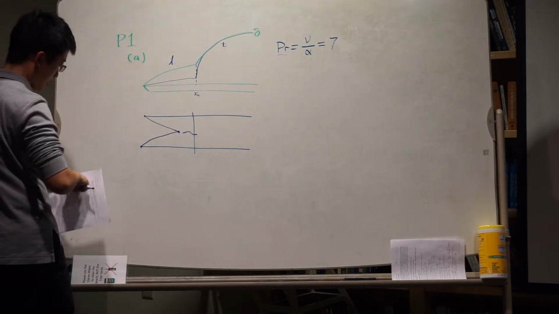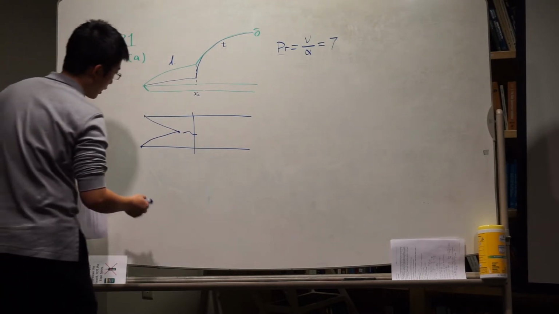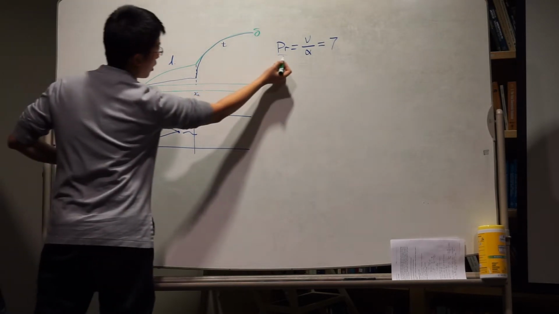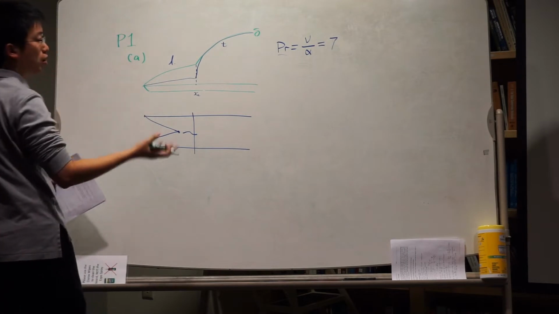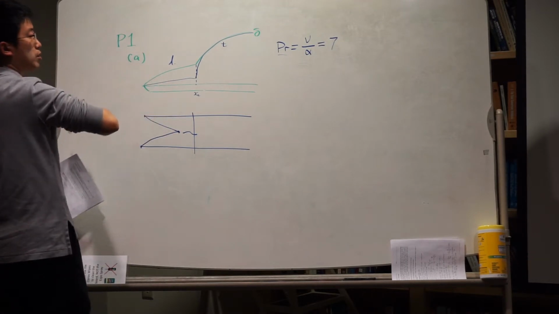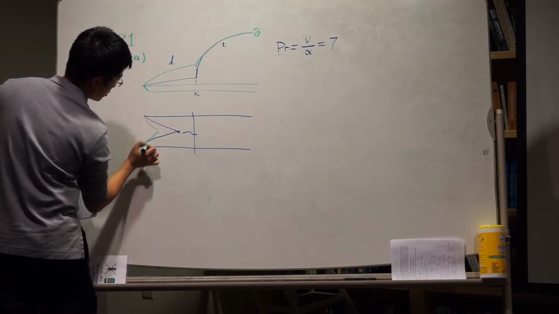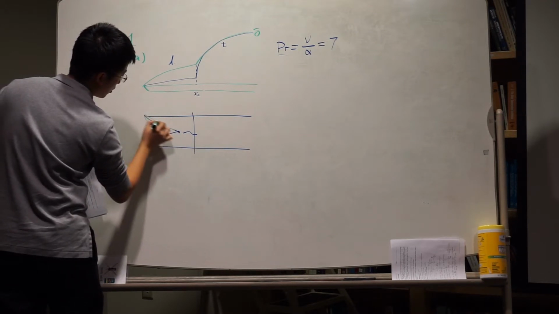So similarly, the velocity and thermal boundary layers will develop also depending on the Prandtl number. Depending on whether your Prandtl number is close to 1 or close to 0 or very large, all these cases are possible, right?